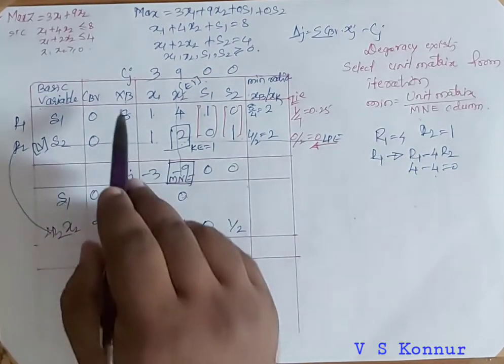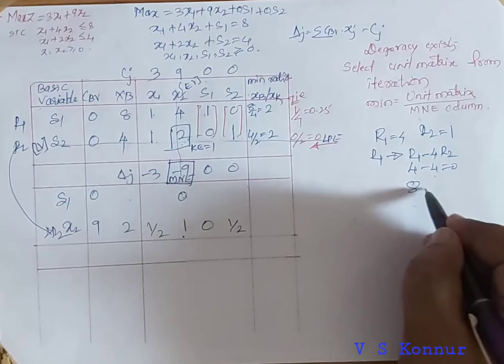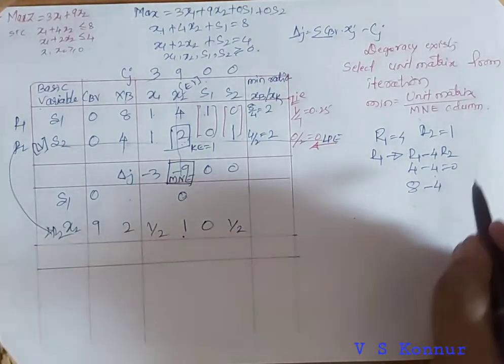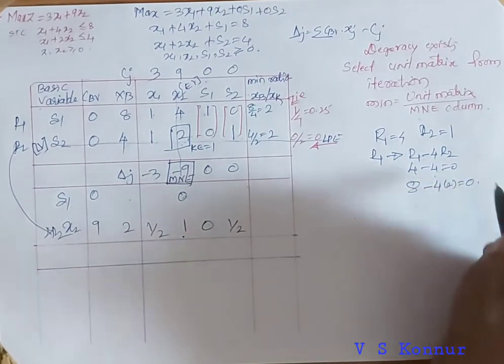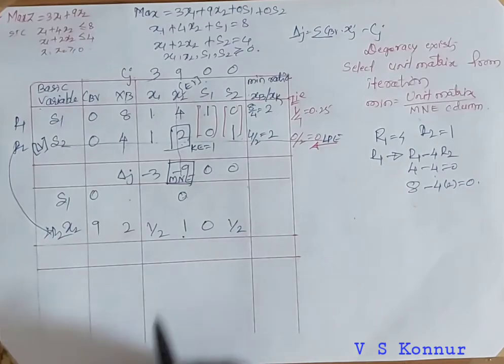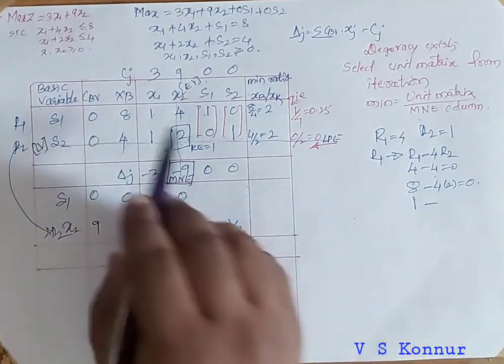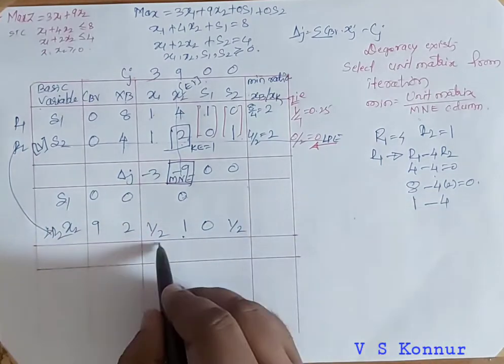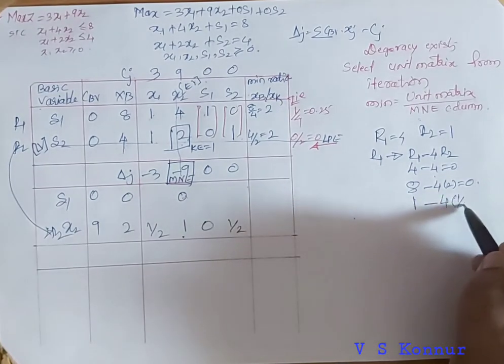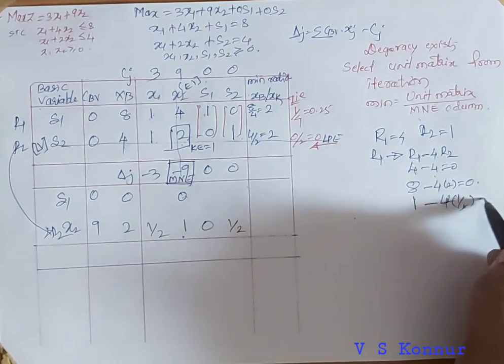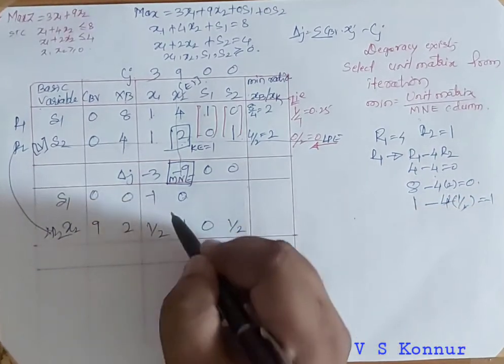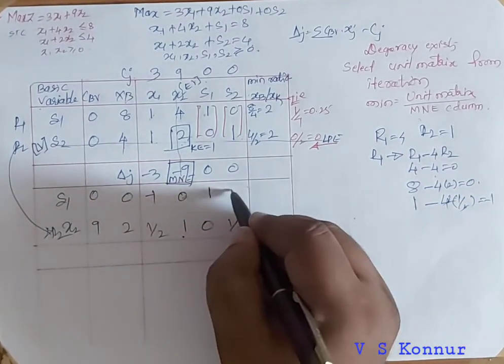For this I will explain: 8 is R1, minus 4 into R2 which is 2, so that is equal to 0. 8 minus 8 is equal to 0. For this one I will explain: 1 minus 4 into 1 by 2, so minus 1 we will get. In the same way we will get 1 here, minus 2.